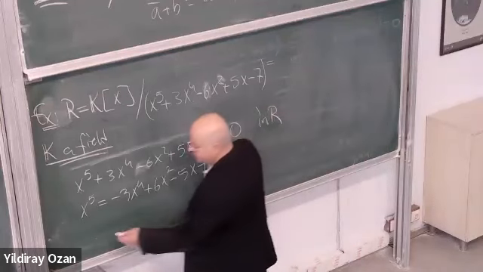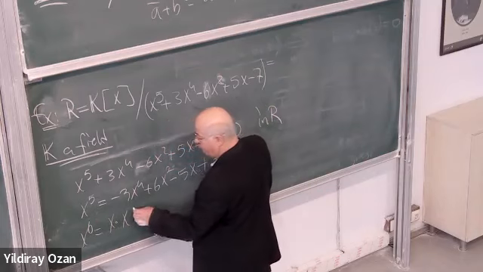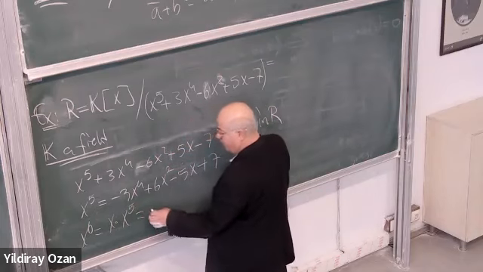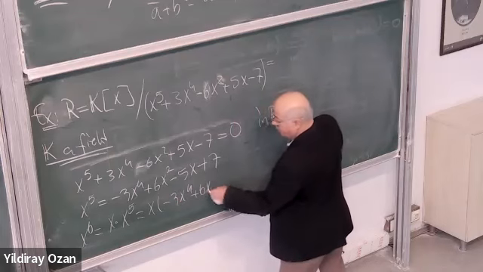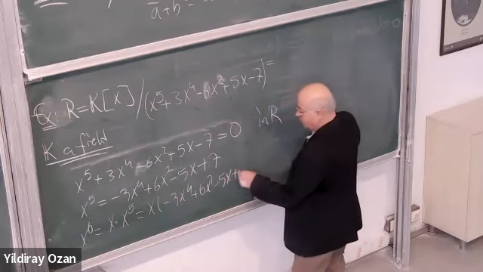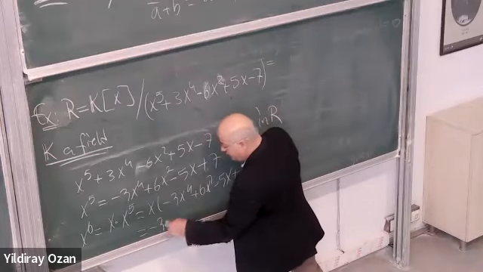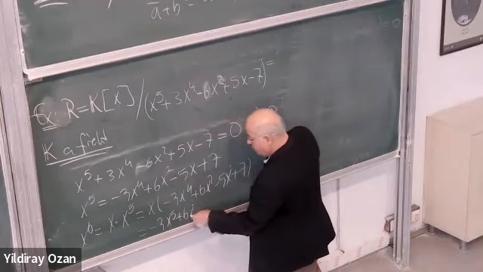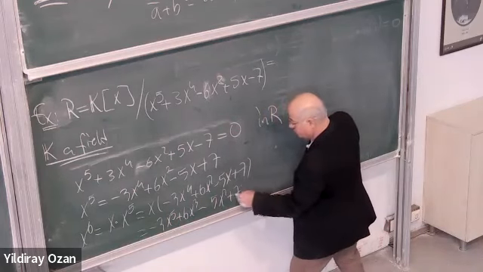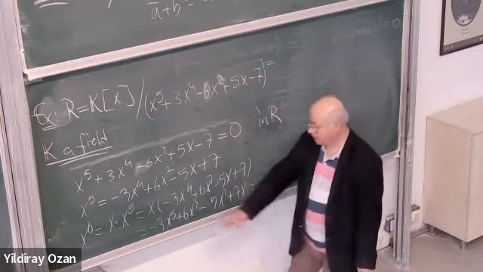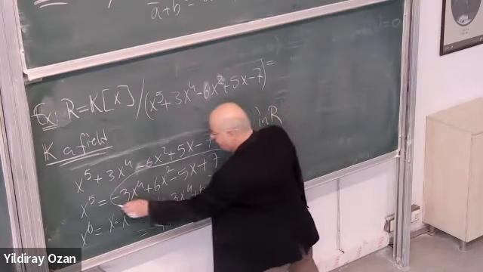Similarly, x to the power 6 is what? It is just x times x to the power 5, but it is x times this gadget. And x to the power 5 is also equal to this gadget.